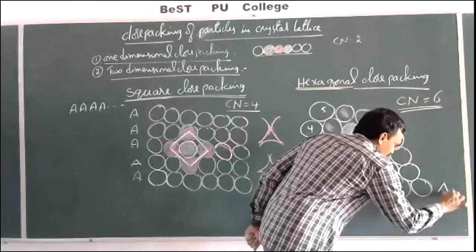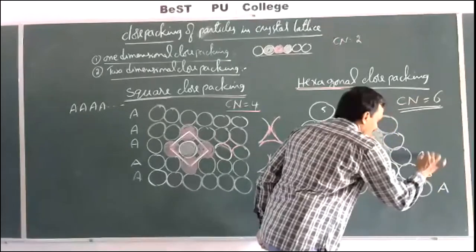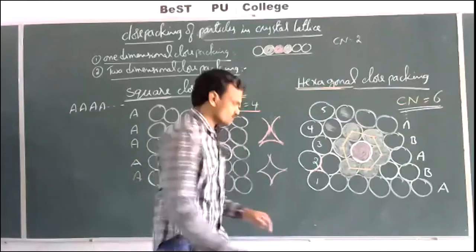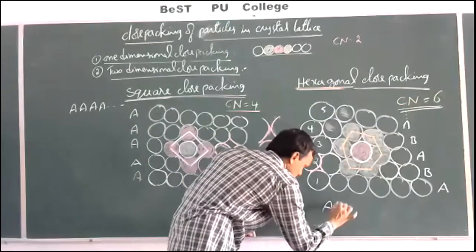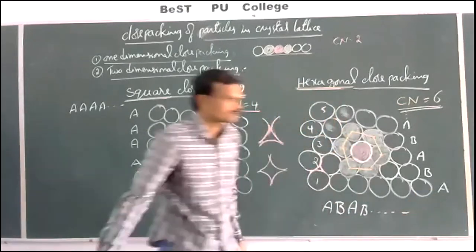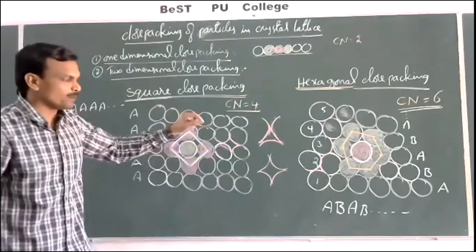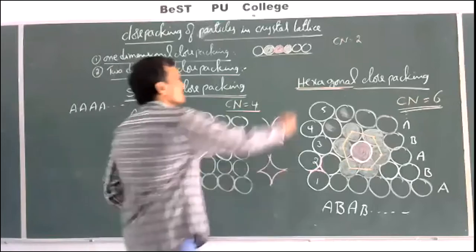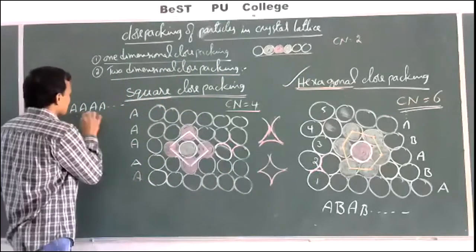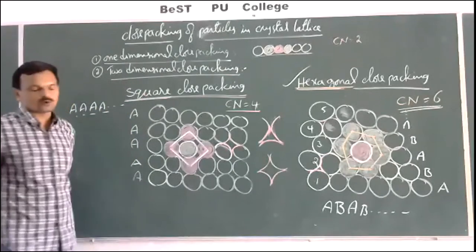Suppose you give the naming A here, this will be B, again this will be A, B, A, and so on. So here the arrangement of the rows is nothing but A, B, A, B. So two-dimensional ABAB type close packing is hexagonal close packing. Two-dimensional AAA type close packing is nothing but square close packing.